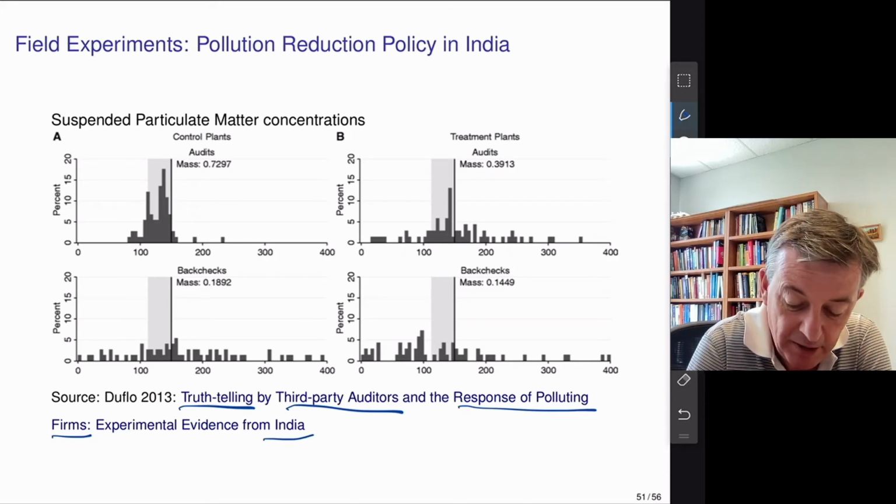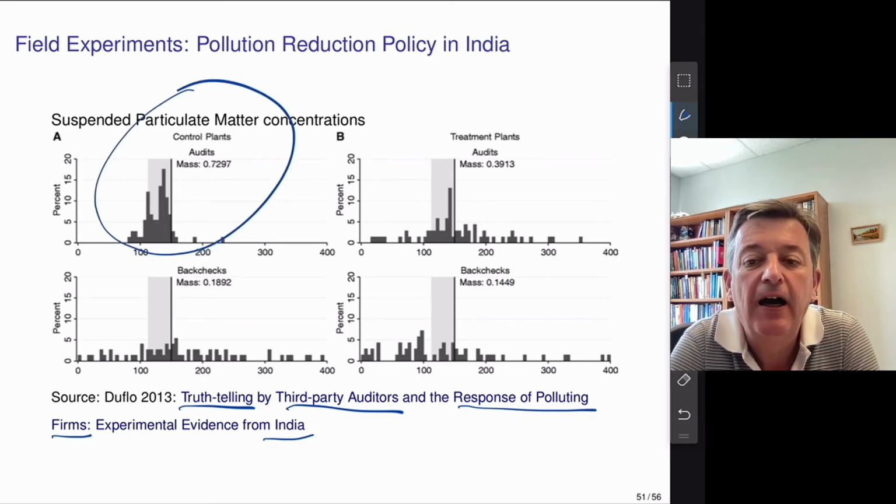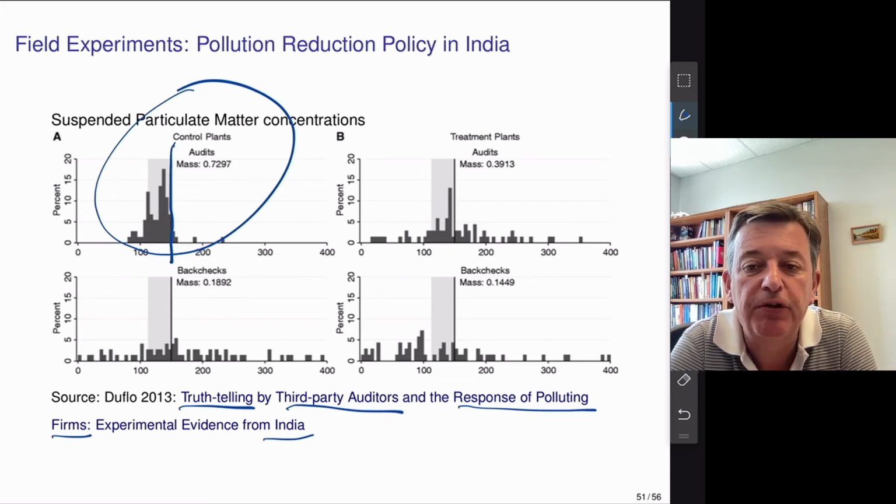Up here in the control group, a bunch of industrial Indian firms were given a quota, and the quota is essentially sitting here, and they were told to go pay outside auditors, a third-party auditor, to see if they were under the pollution controls.